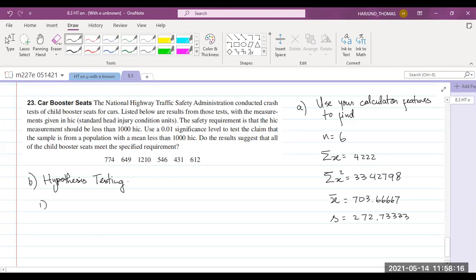Now then, hypothesis test, step 1, claim.